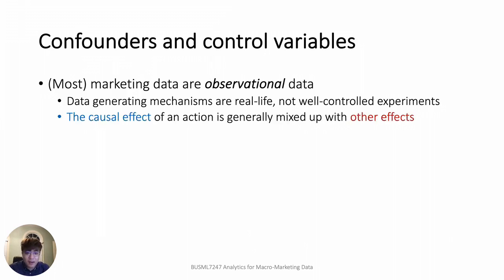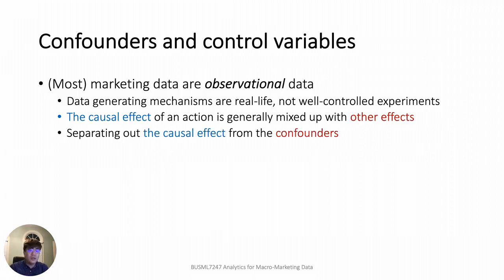In that, there can be so many other factors that potentially influence the causal effect of a marketing action. So, we need another device to separate out the causal effect from the potential confounding factors.